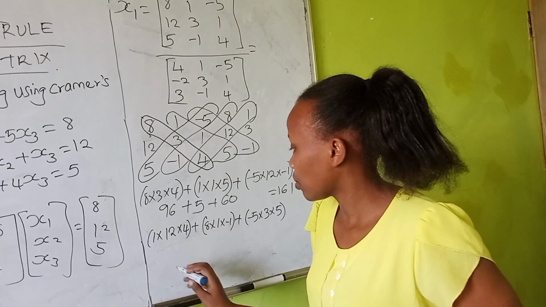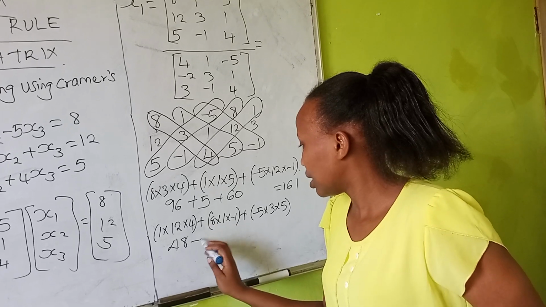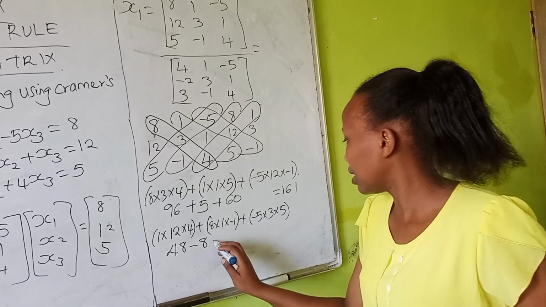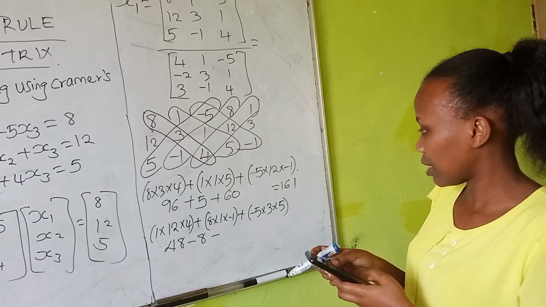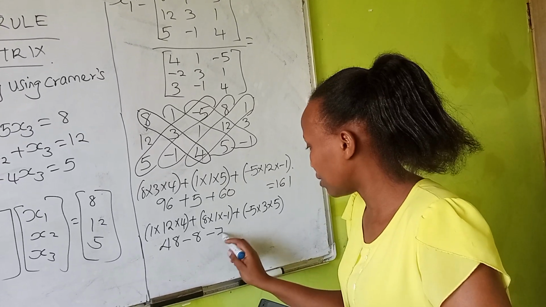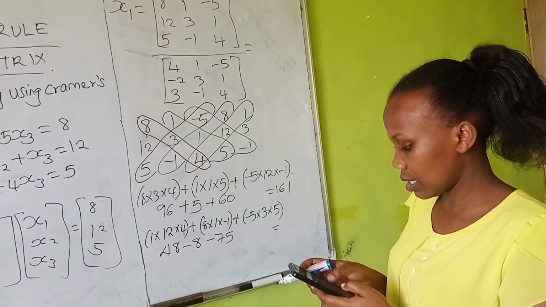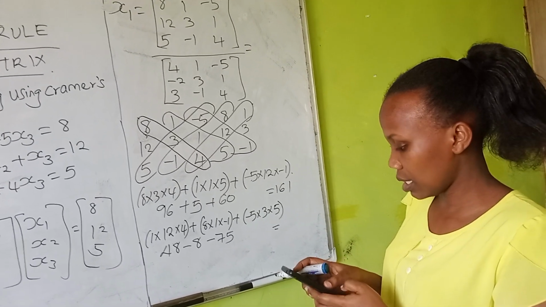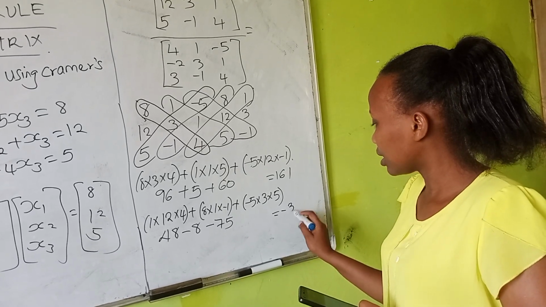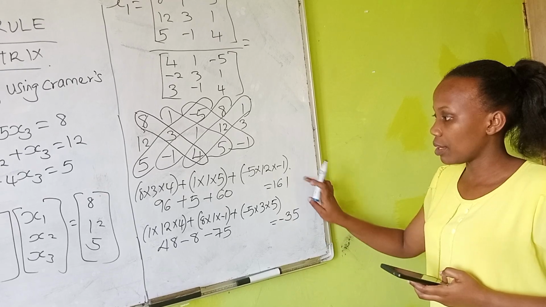So in that case, 1 times 12 times 4, that is 48. You minus 8, then minus 5 times 3 times 5, that is 75. So 48 minus 8 minus 75, you are going to get -35.